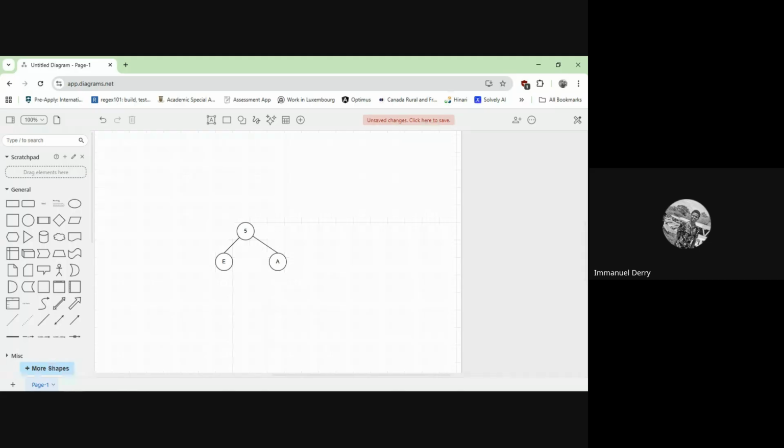So we have 5 and 4, right? And then 4 is also D, so you have this one in there.